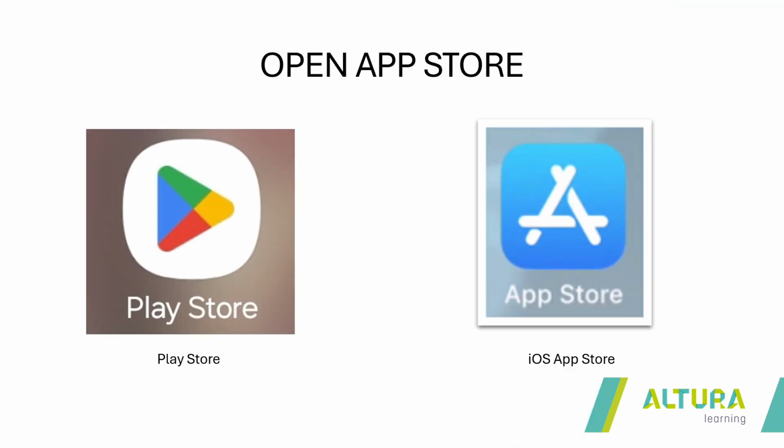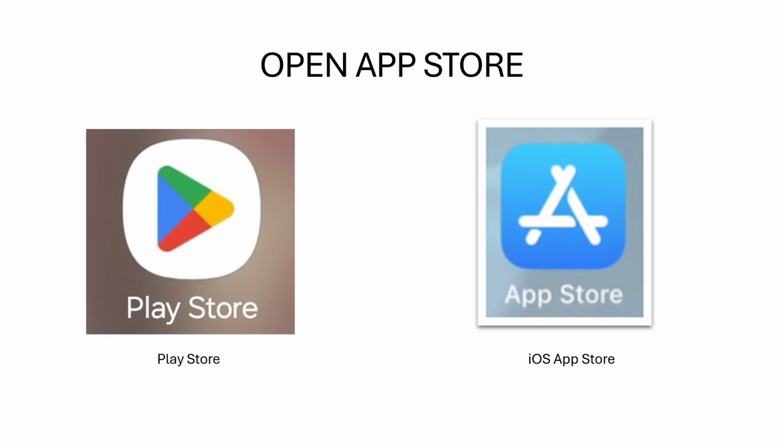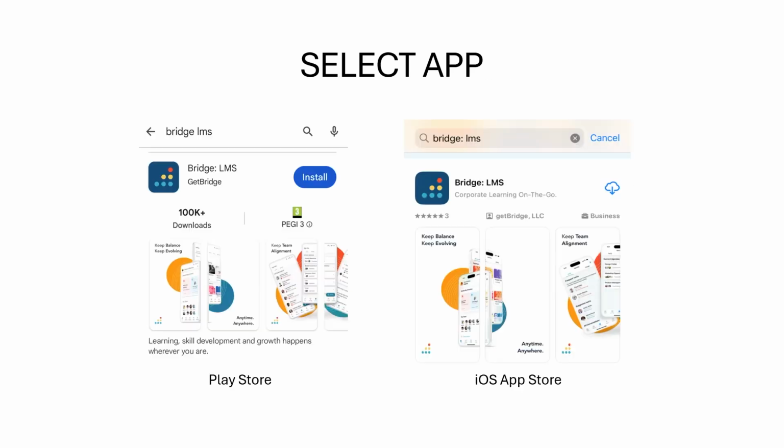Okay, this is what it looks like on the App Store. So if you have a Google Play, an Android, an iPhone, you can go to Google Play Store or the iOS App Store. That's what it looks like. Okay. And then once you clicked on that, you can go right in the search bar in the apps, Bridge LMS, and click enter.